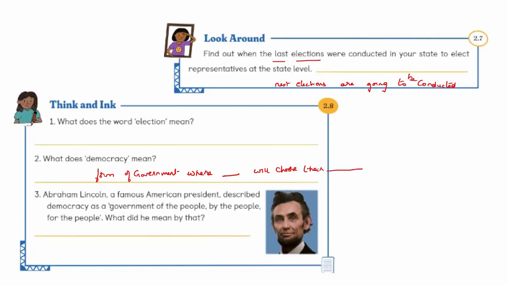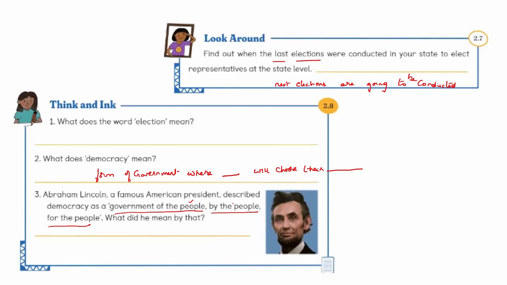Abraham Lincoln, a famous American president, described democracy as a government of the people, by the people, for the people. What did he mean by that? This answer I tell you, you listen and write. Democracy is a government made of people.